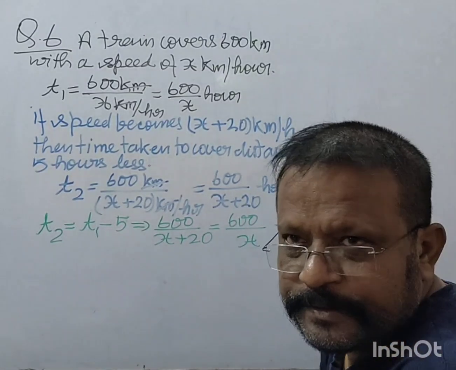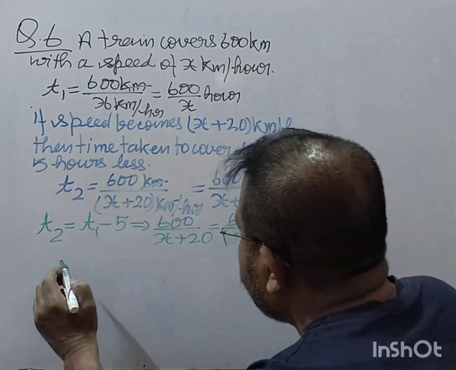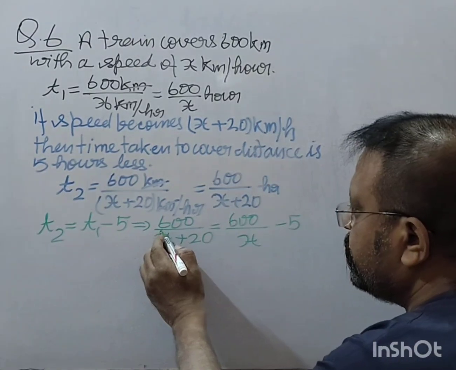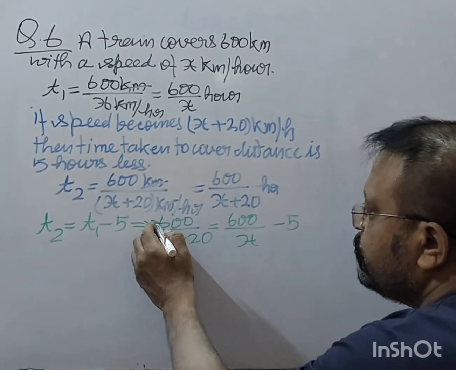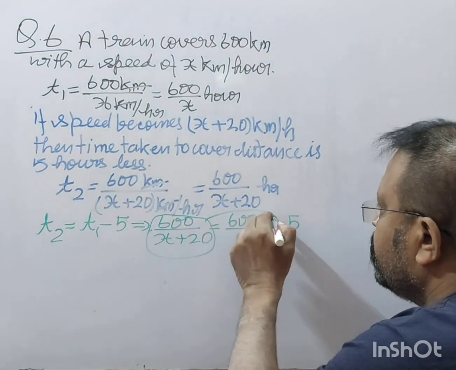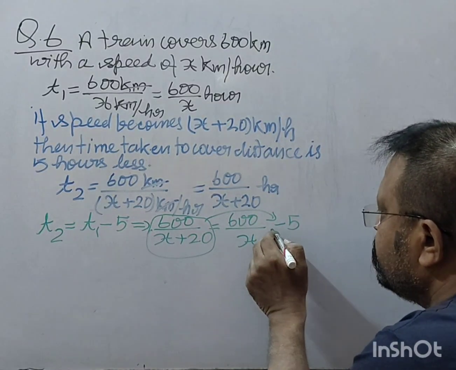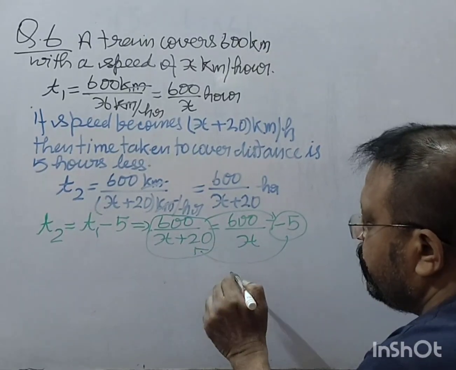You get this? Now what do you do? You bring this 600 upon x plus 20 on this side, it turns to be minus, and bring this minus 5 on this side, it turns to be plus.